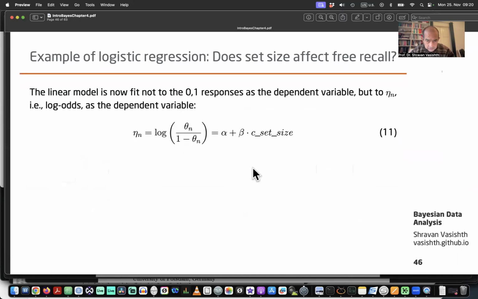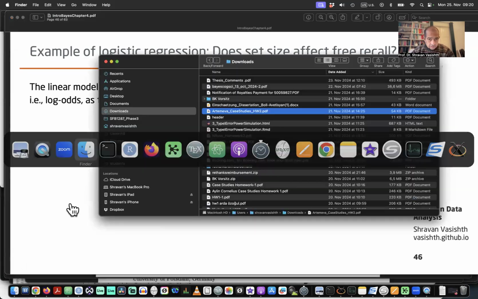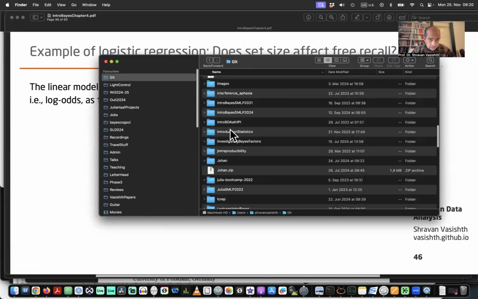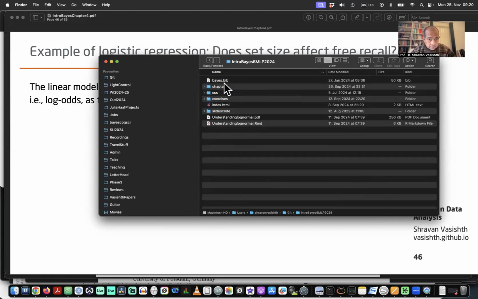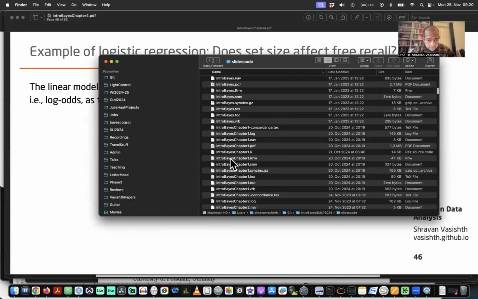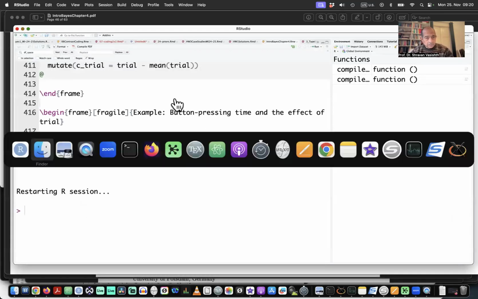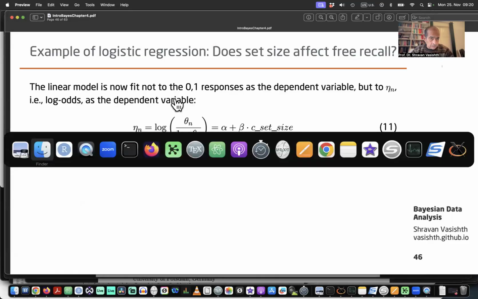Actually, there's a mistake here. I should have put a subscript n here. I will fix this later, hopefully. Or maybe let me just do it right now. This is a bit annoying that that's not even correct now. Sorry about that. Where am I here in the slides?